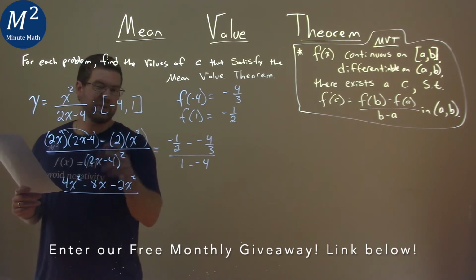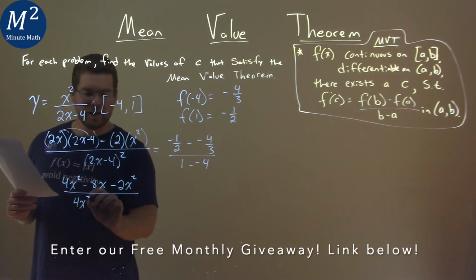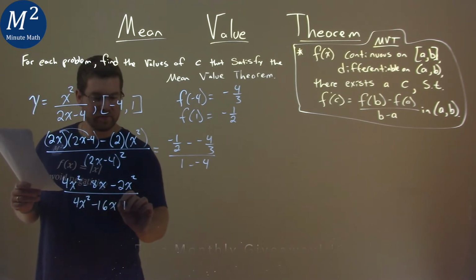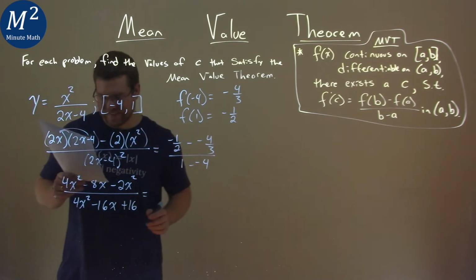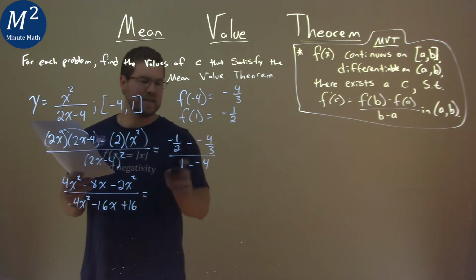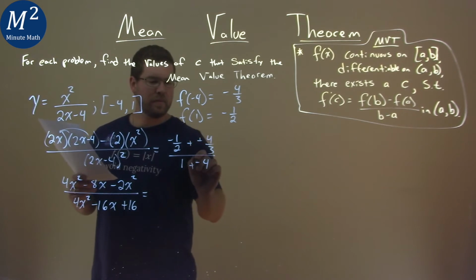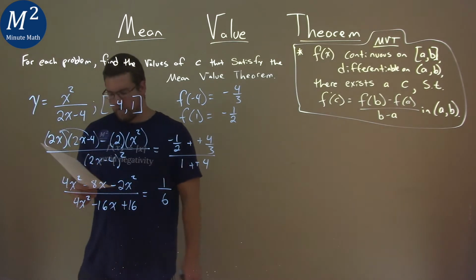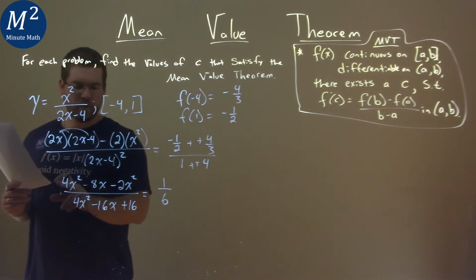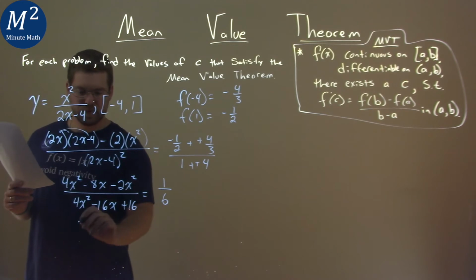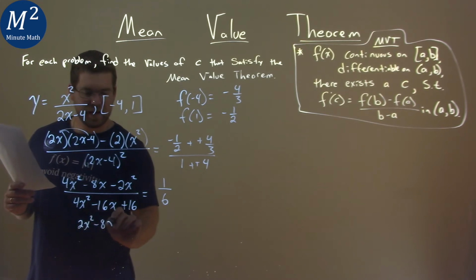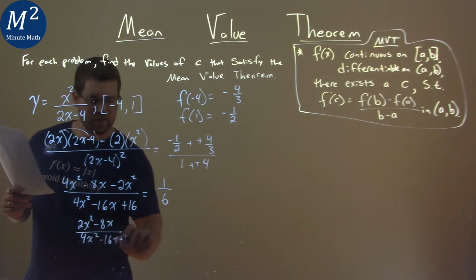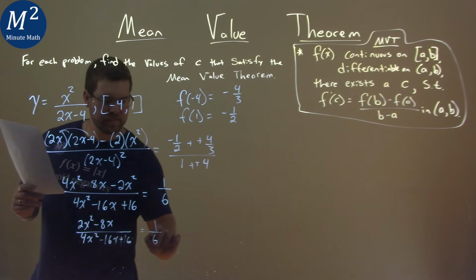We have 2x minus 4 times itself, so we have 4x squared minus 16x plus 16, is equal to, and this whole right-hand side, we have plus a positive either way, that simplifies to be 1/6. From there, let's simplify this left-hand side a little bit more. 4x squared minus 2x squared is 2x squared. So we have 2x squared minus 8x over 4x squared minus 16x plus 16 equals 1/6.